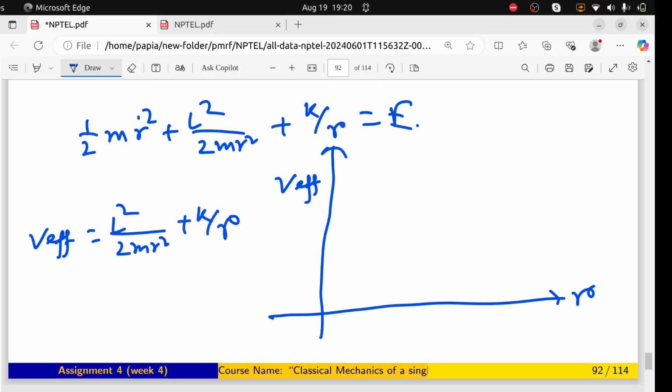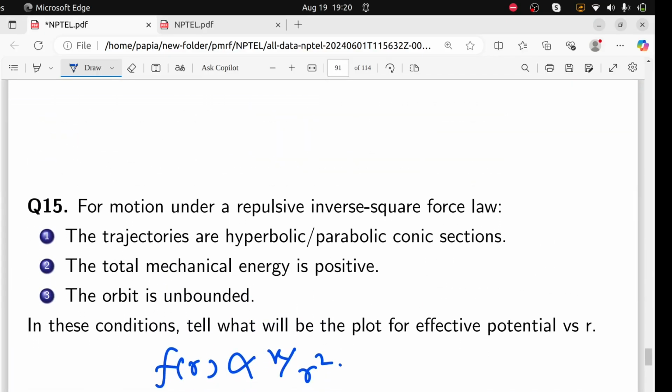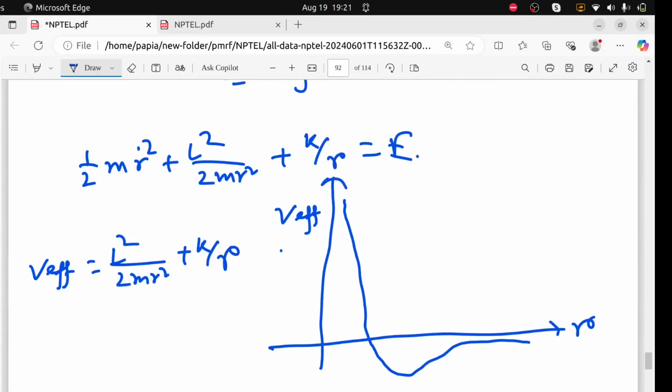Since r cannot be negative, we will just have this branch. So it will be simply this. Okay. So the trajectories are hyperbolic, parabolic conic sections. Yes, the trajectory can be hyperbolic or parabolic.